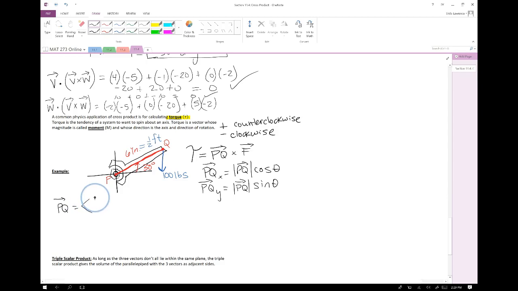So I'm going to have 1/2 cosine 30 for my x component, and 1/2 sine 30 for my y component. And then for my force, it's pointing straight down, which is 270 degrees with a magnitude of 100. So I've got 100 cosine 270, 100 sine 270. And we want to find the cross product between these 2 vectors.